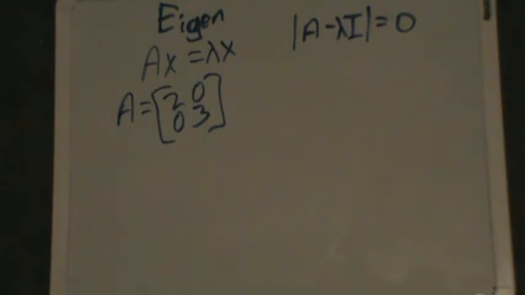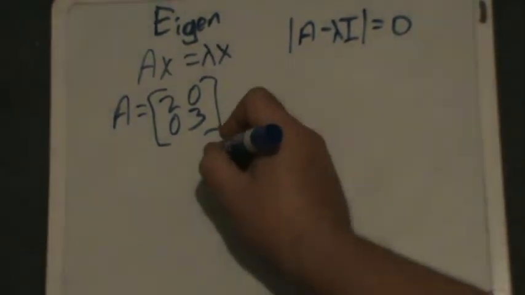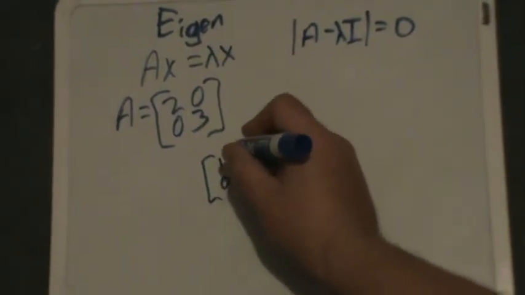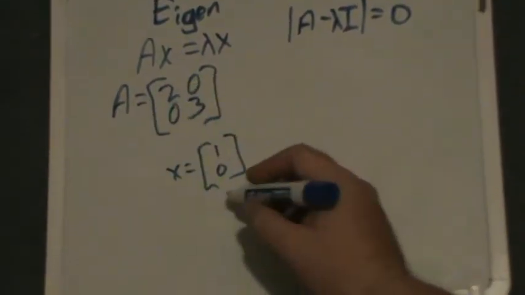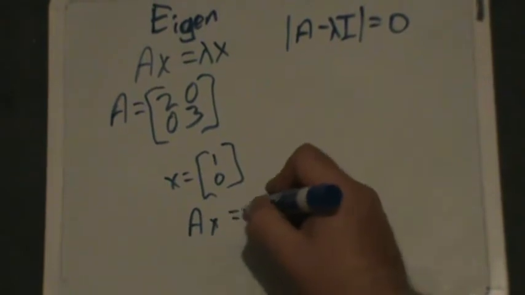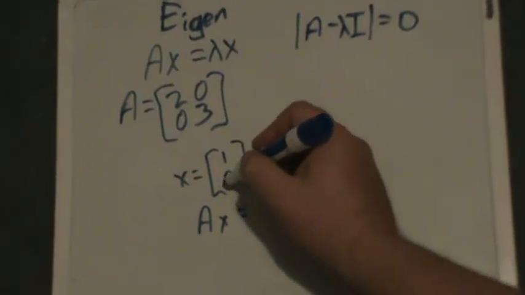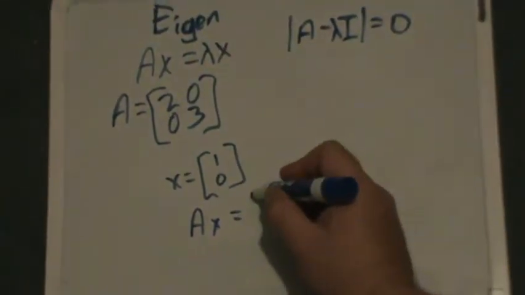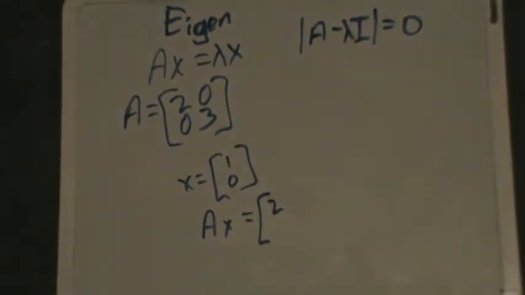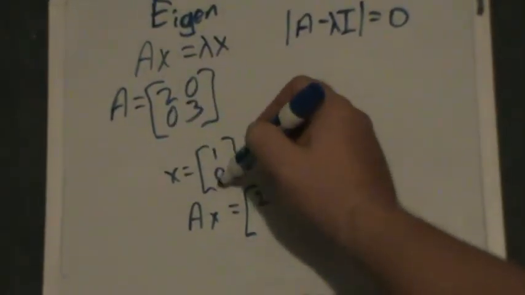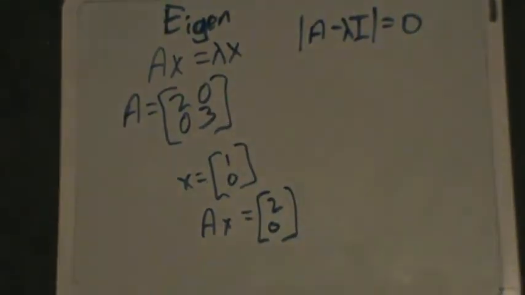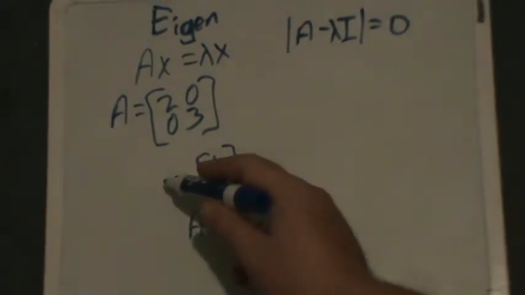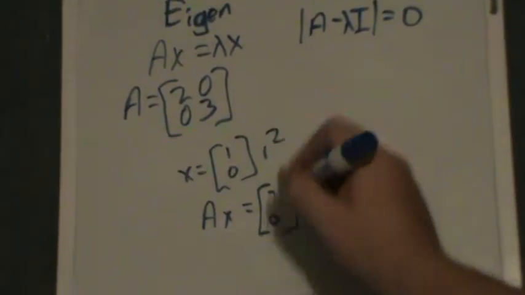For instance, if my x was equal to 1, 0, and I multiply it times A, A times x is going to give me 1, 0 times this, which gives me 2, and then 1, 0 times that gives me 0. Notice it's just twice x, and that's one of the two eigenvalues. So this is the eigenvector associated with 2.